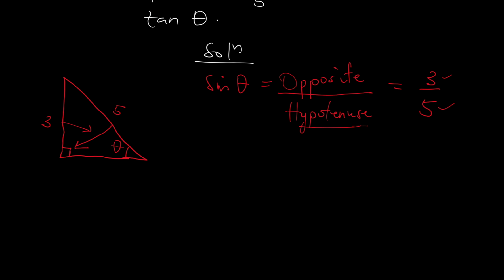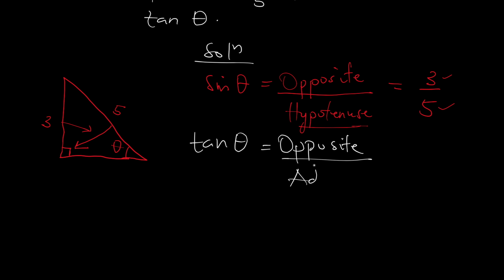We know that tan theta is equal to opposite over adjacent. We know our opposite, which is 3, but we don't know our adjacent. So let the adjacent be x.